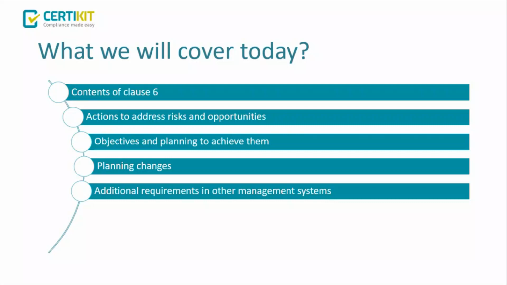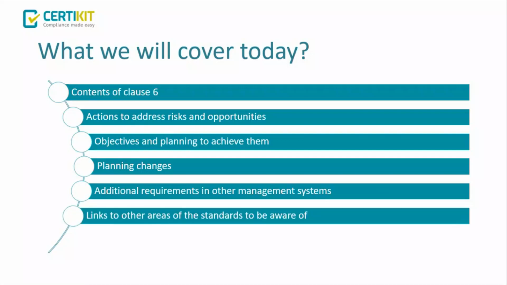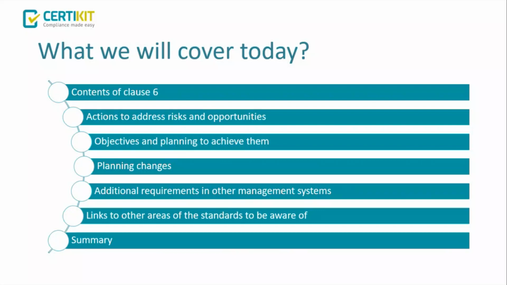And then we'll be looking at individual management systems and what else is in their Clause 6s. And then we'll look at how Clause 6 actually links within the management system itself. It's one of the few clauses that has tentacles that go up and down the management system. And then we'll end with a quick summary of what we've covered. So if everybody sits back and relaxes, I'll just jump into this.